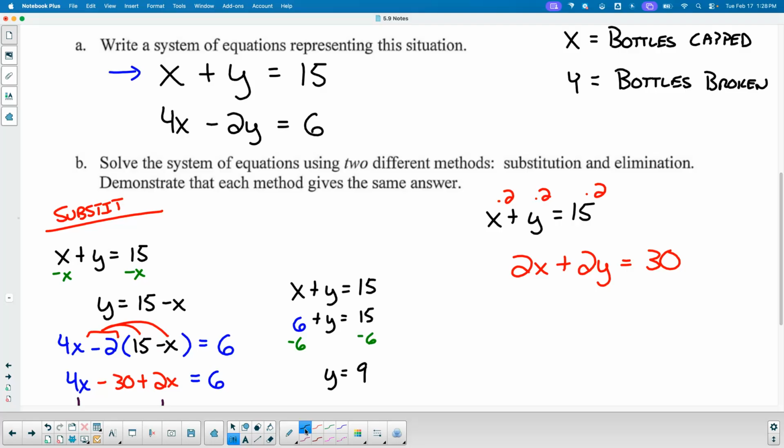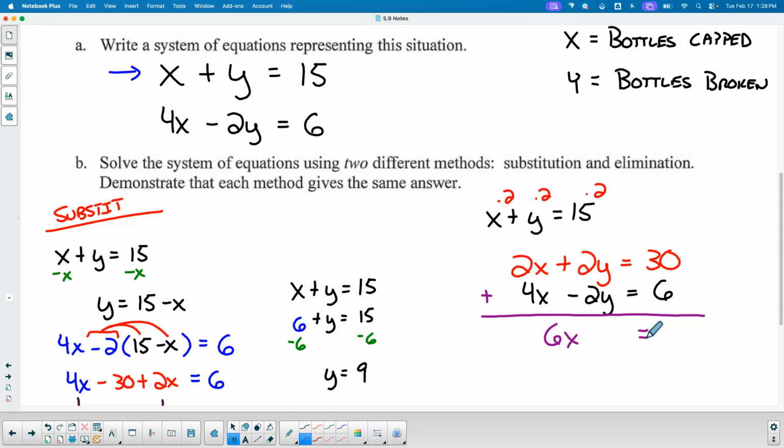Then my second equation was 4x minus 2y equals 6. So I can add those two equations together. 2x plus 4x is 6x. 2y plus negative 2y is 0.